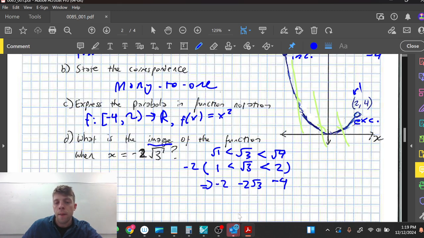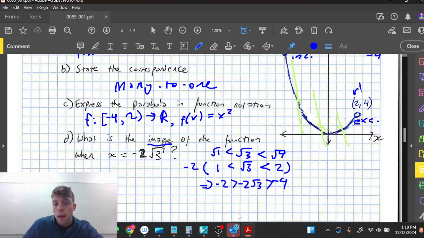Now, if we multiply by a negative, that's going to reverse the direction of these inequality signs. And we can see that that makes sense because -2 is in fact larger than -4. It's closer to 0. It's a more positive number.